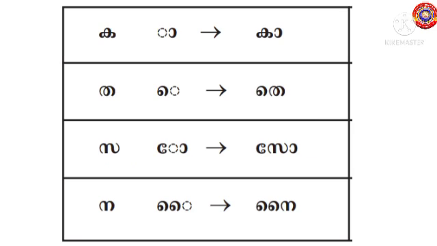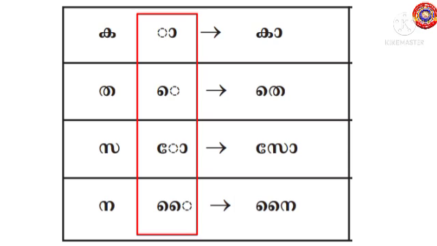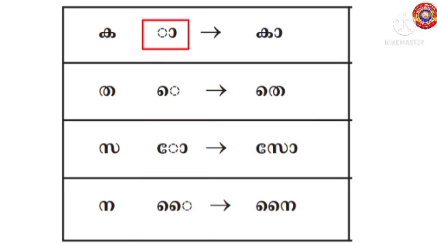Okay. Now look at this table. Here we can see the combination of letters with some symbols, right? We know that for getting a vowel, we have to use the shift key along with the corresponding keys. But to get these symbols, we have to press the corresponding key only. For example, look at this.